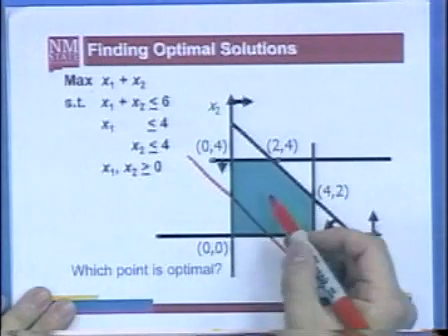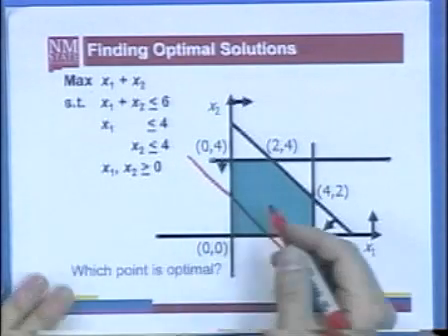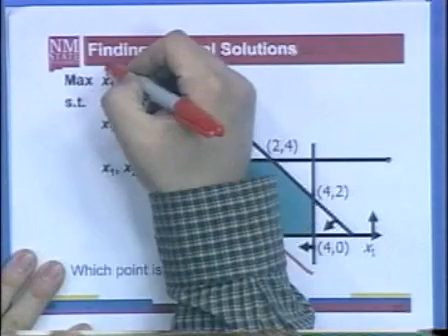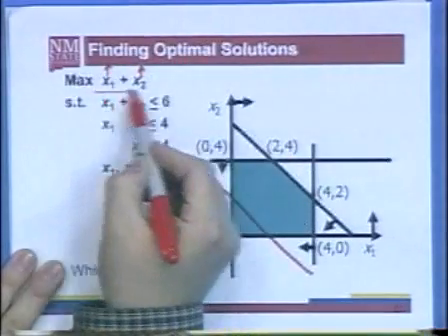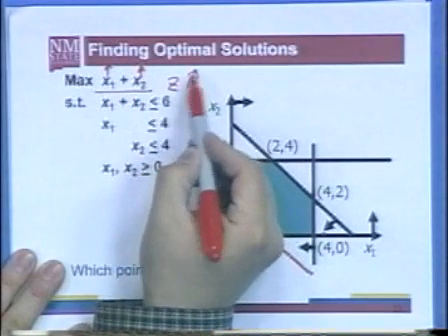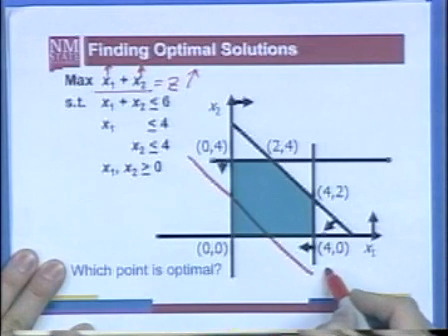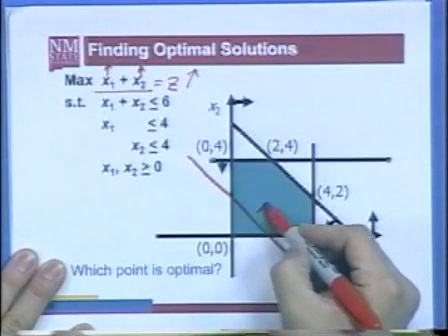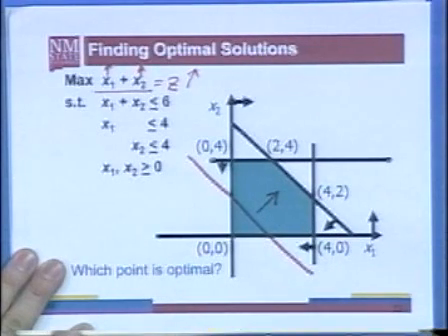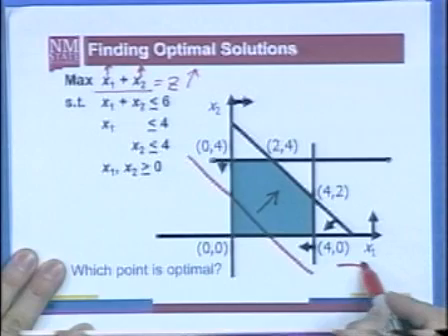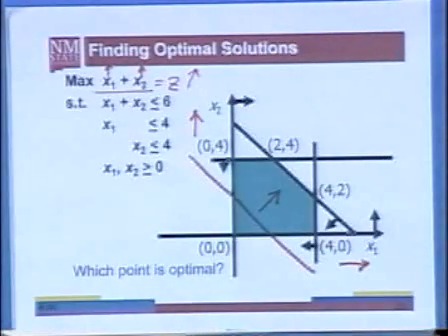So if we move this isovalue line in a direction for which both x1 and x2 are increased, then this g value will be increased, right? Which means we need to move the isovalue line in this direction, okay? Because in that way, the x1 value will be increased, likewise the x2 value will be increased, right?